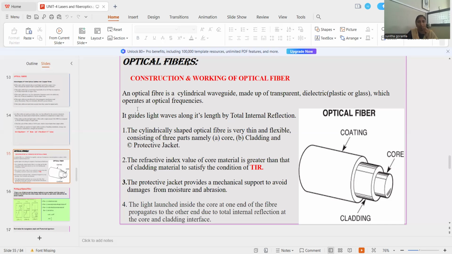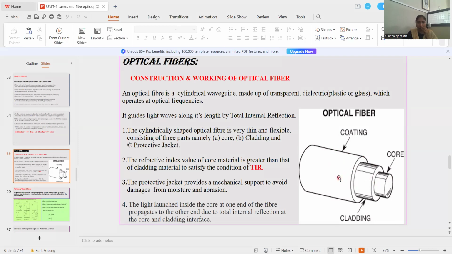Now see the construction of the optical fiber. This is the construction diagram for the optical fiber. The optical fiber has three main parts: core, cladding, and coating, which is also called the protective jacket.